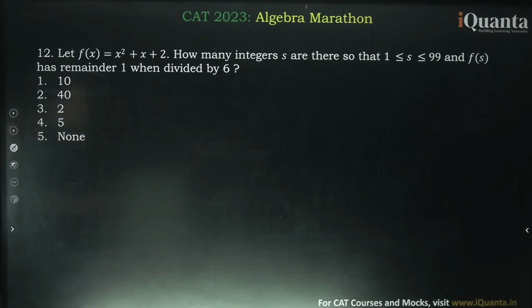Is that right? Remainder 1 when divided by 6.